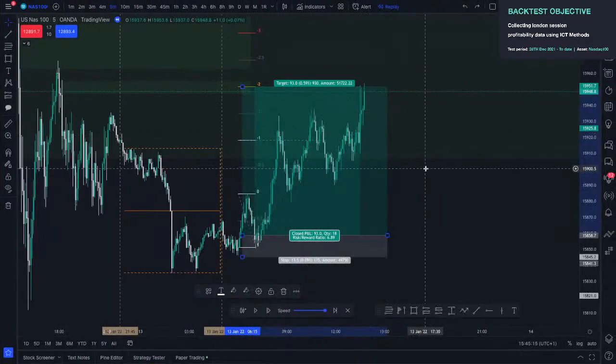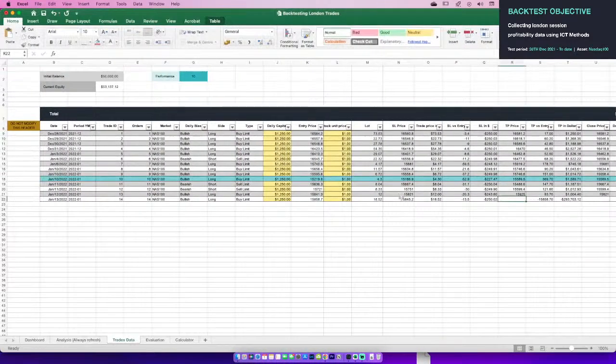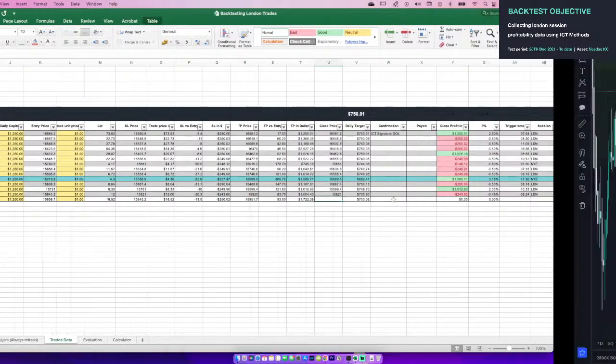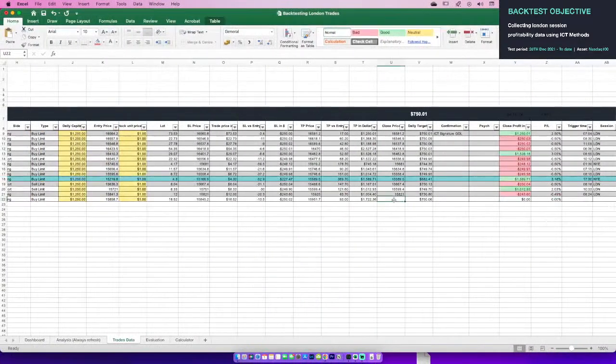TP was 15,951.7, the top one. 15,951.7 here as well. Yeah. It's a nice profit.